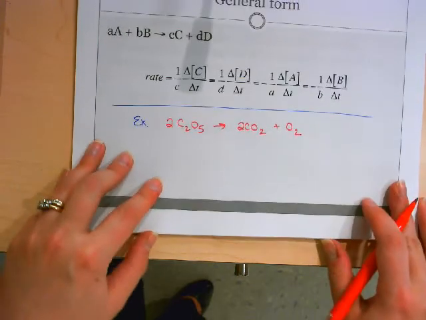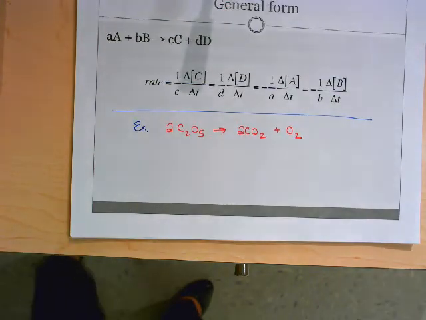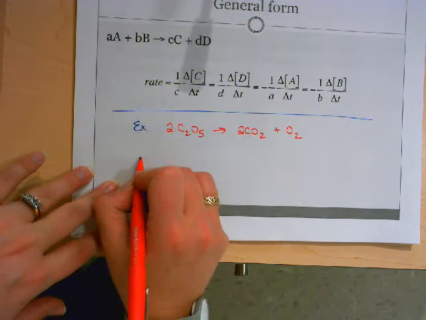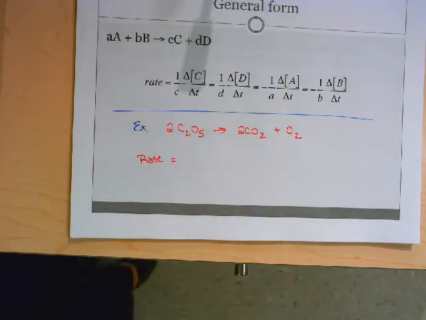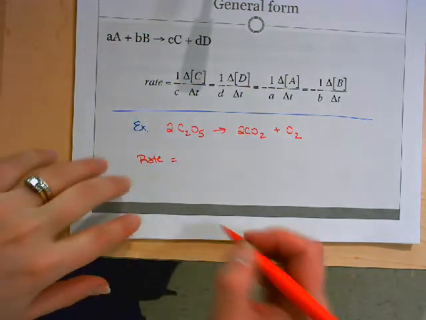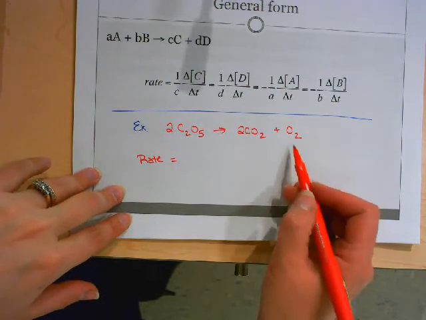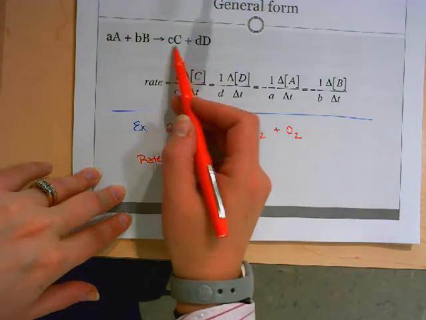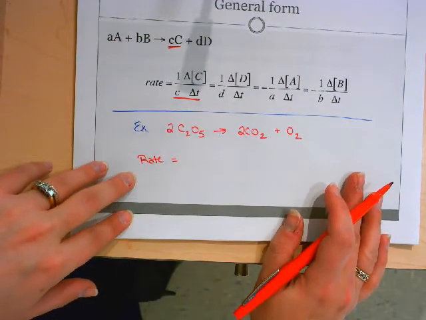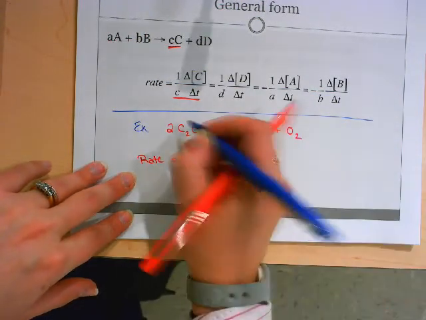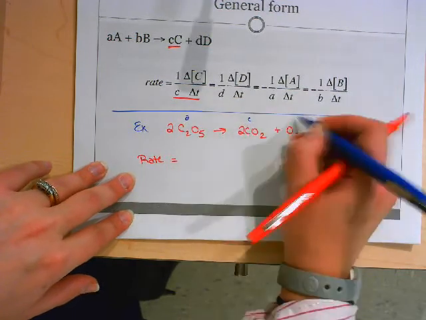Let's say that's my reaction. I want to use this general form to figure out the overall rate of this reaction. Using the same thing, C goes with this, and we'll call this little a, little c. I don't have a b.